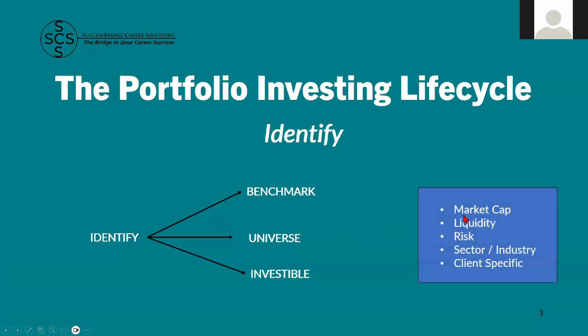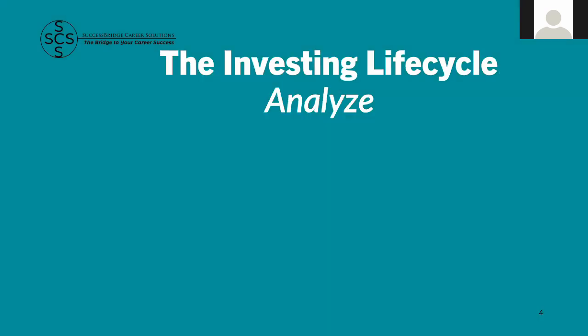Those considerations could be market cap, liquidity, risk, sector or industry, or client specific. So now, once we do this process, now we have a portfolio consisting of the investable companies in which we would like to invest. Next is the analysis, company analysis.